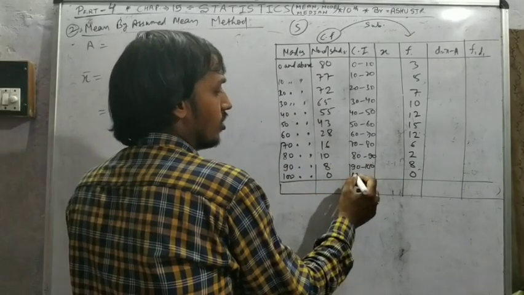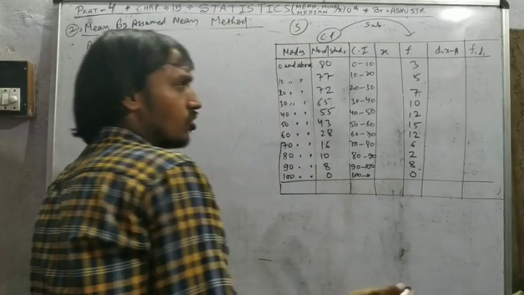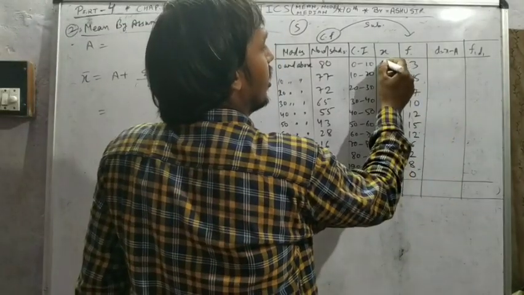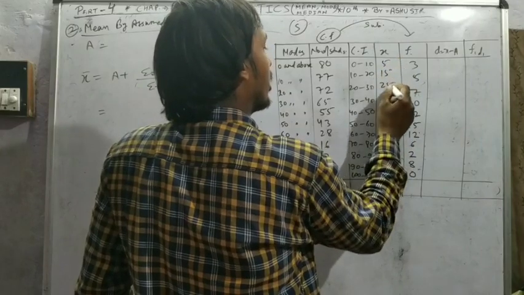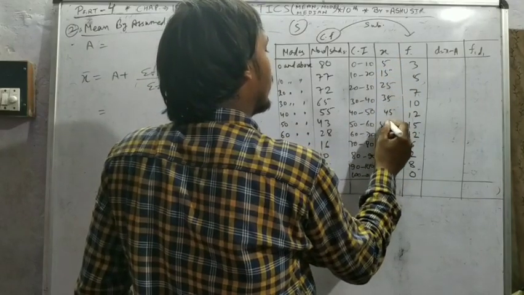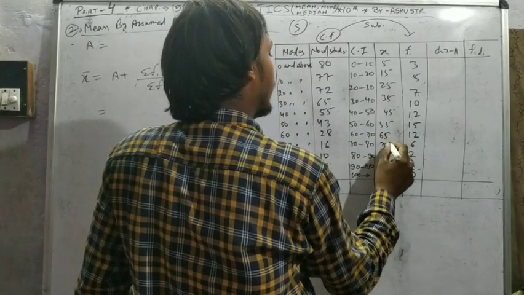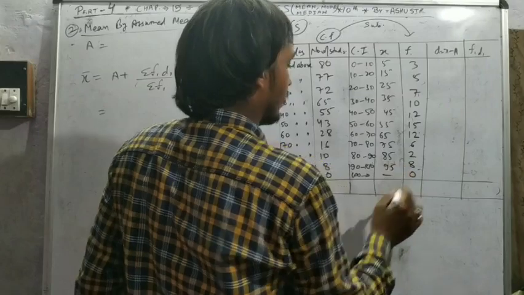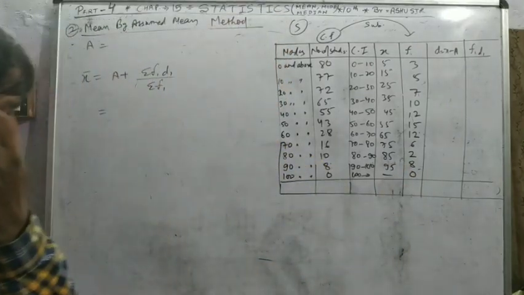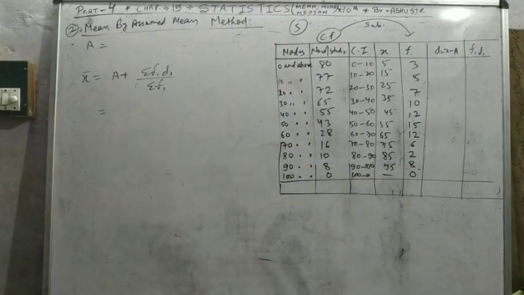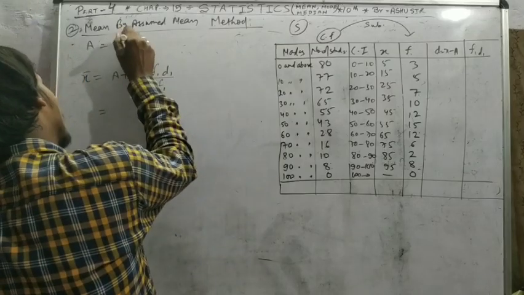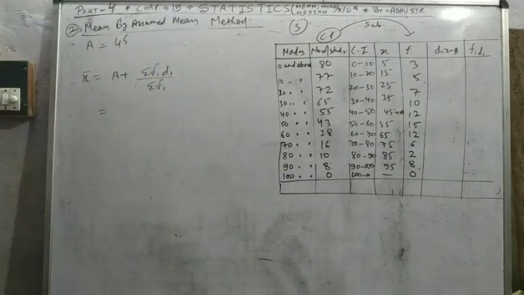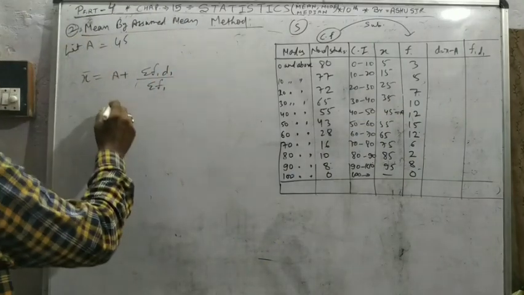The last is 0, so it doesn't matter, but find it. 5, 15, 25, 35, 45, 55, 65, 75, 85, 95. So they are all given. We can take A equal to 45. That's my wish. Let A equal 45.